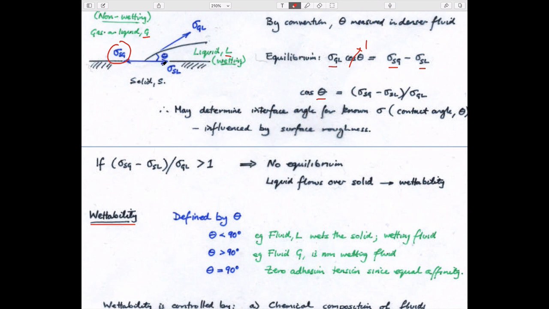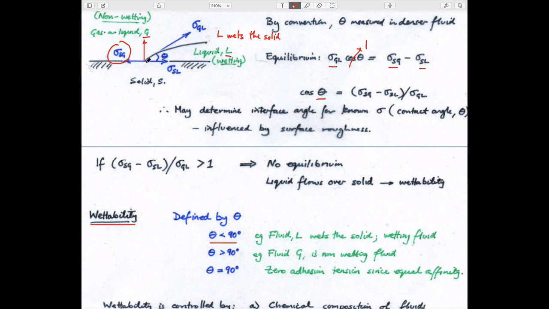So the angle is measured in the most dense fluid, gas or liquid. And the convention is that if theta is less than 90 degrees, so this is 90 degrees, we'll call it a wetting fluid. So L so-called wets the solid is one terminology used.